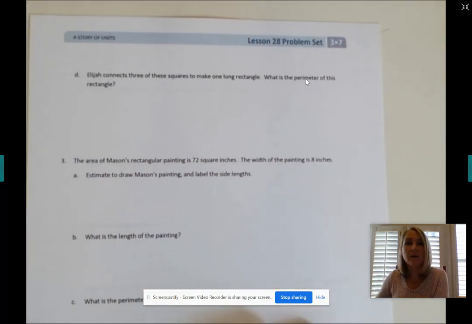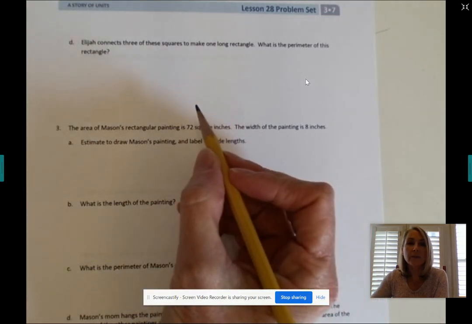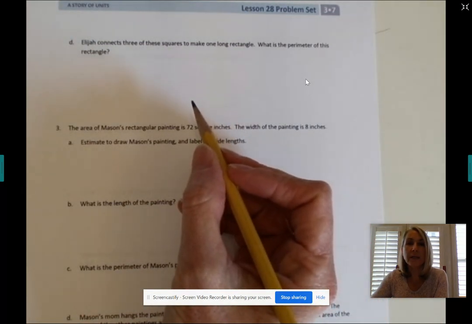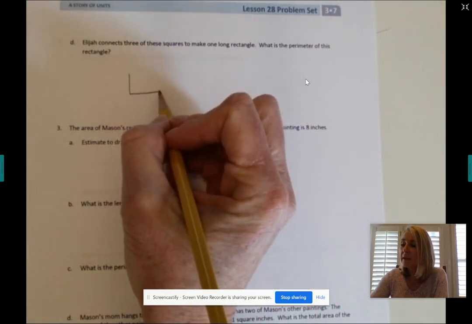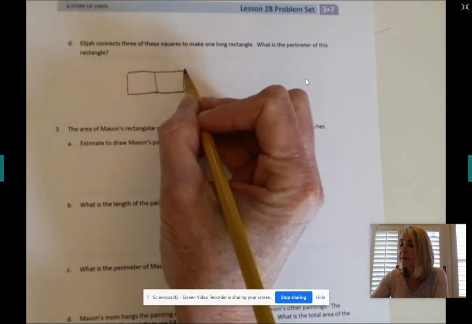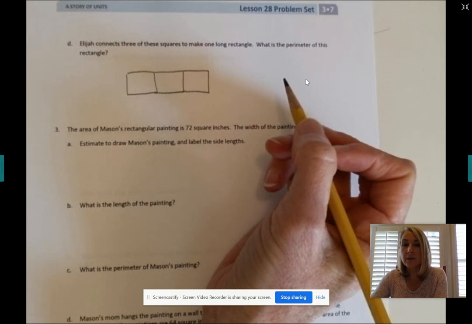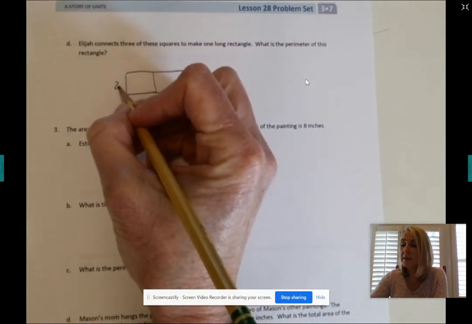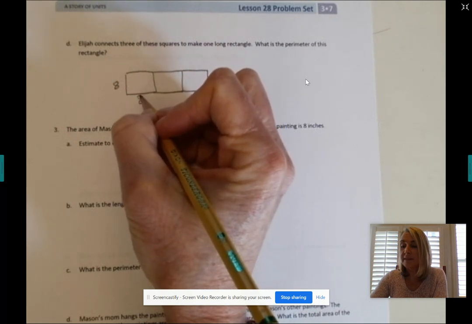Now, on D, it says Elijah connects 3 of these squares to make one long rectangle. What is the perimeter of his rectangle? So what you have to think of here is, if he's putting these 3 squares together, you have to remember the length of each side. So this side is 8, which means this side is 8.